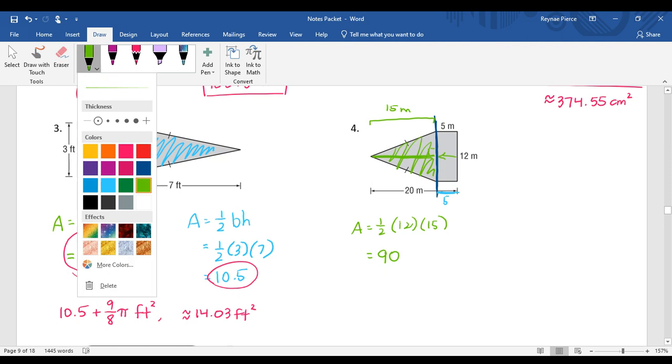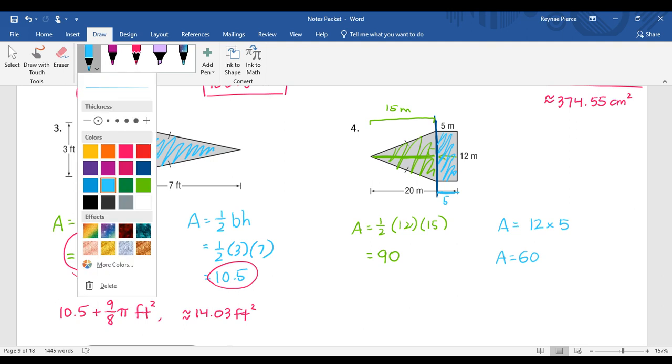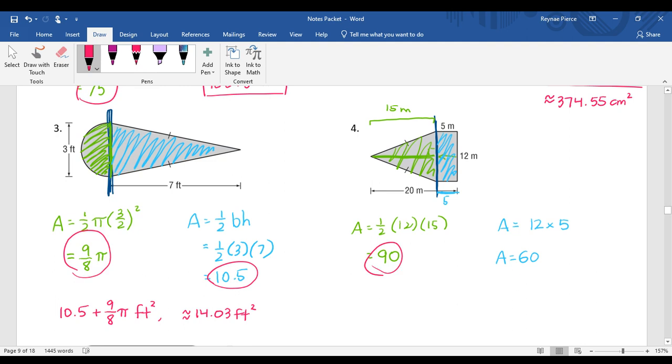The rectangle over here on the right, multiplied 12 by 5 for an area of 60 square meters. Okay, we're going to add those two together, 90 and 60. Since there are no pi's with this, we can answer in square meters. We can combine those two to get an area of 150 square meters.